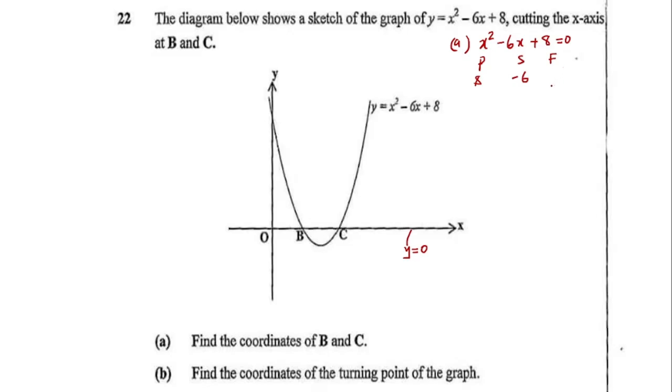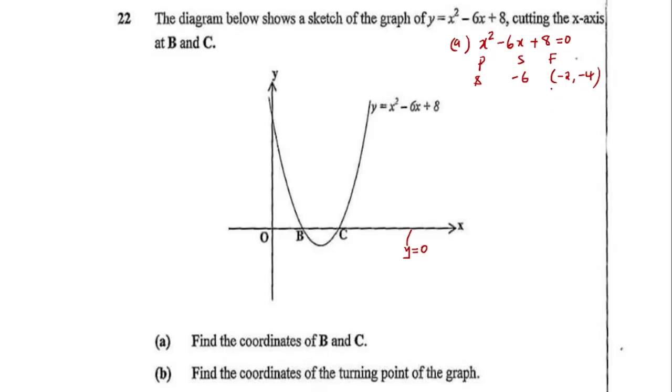Now we have to look for 2 numbers such that when you multiply them, they give us the product, which is 8, and when you add them, they give us the sum, which is negative 6. So these factors are negative 2 and negative 4.